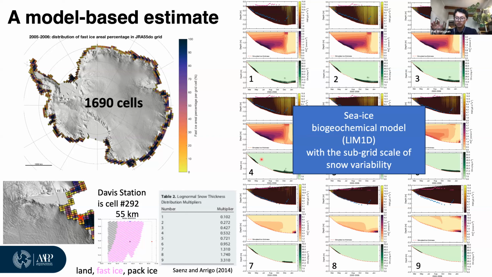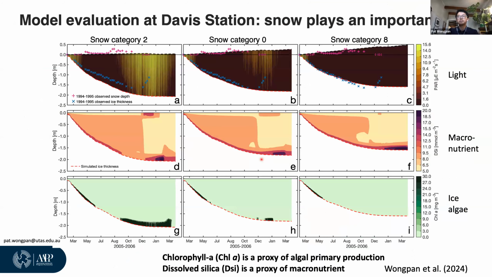From what I saw, it helped improve the fast ice extent distribution when you include the grounded iceberg. And with Geoscience Australia, with Laurie Padman and Susan Howard, we are also working on the grounded iceberg distribution dataset. It's still work in progress, but we hope we could submit that soon to Earth System Science Data before the end of this year.